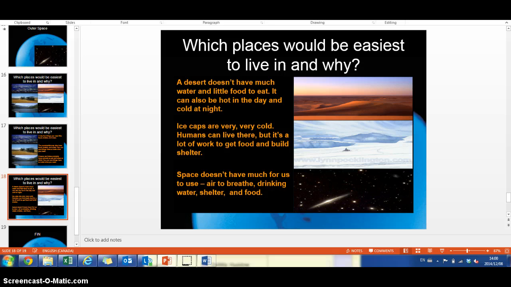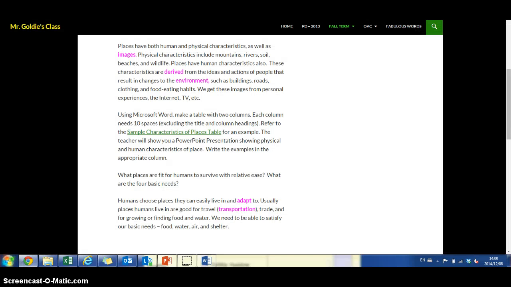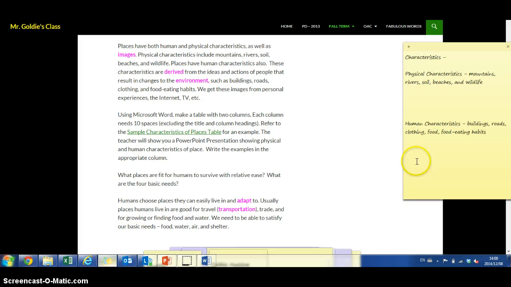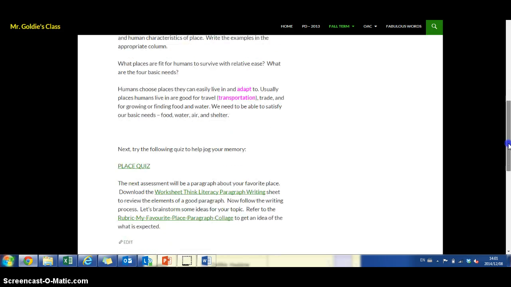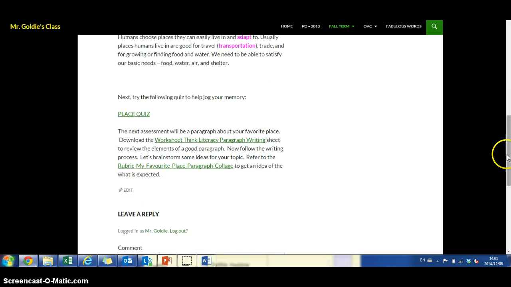Okay, so you're going to use this information about human and physical characteristics to complete an assignment. I'll discuss the assignment in the next video, but basically your next assignment will be a paragraph about your favorite place. You download this sheet to review the elements of a good paragraph.